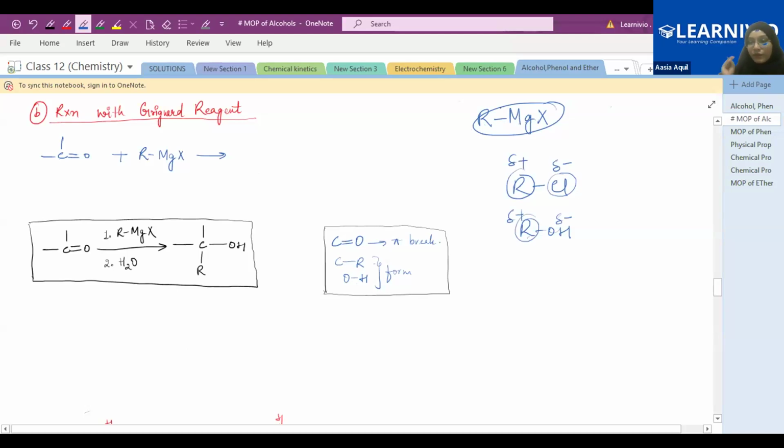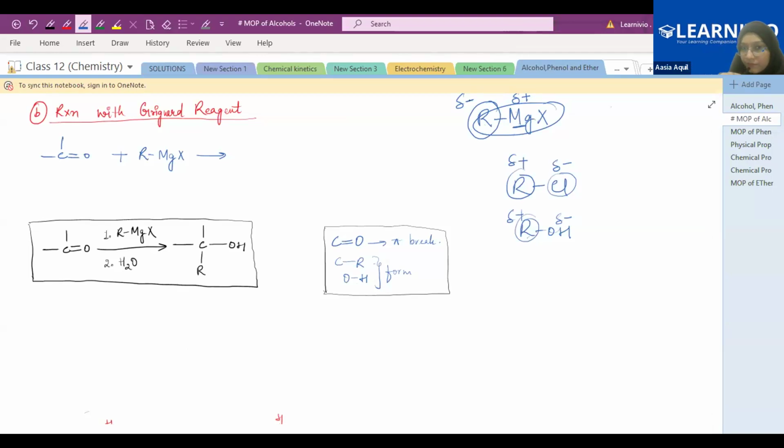It's electropositive. So the metal attains partial positive charge, and the alkyl group has partial negative charge. In the Grignard reagent it is exactly opposite, due to the electropositive metal, magnesium. Just remember this. Is it clear?